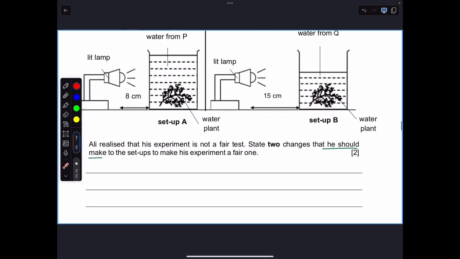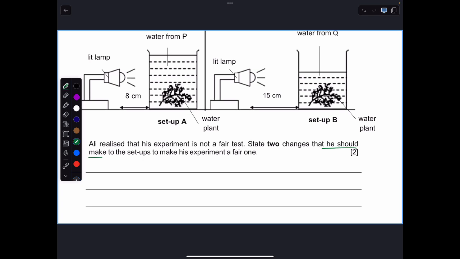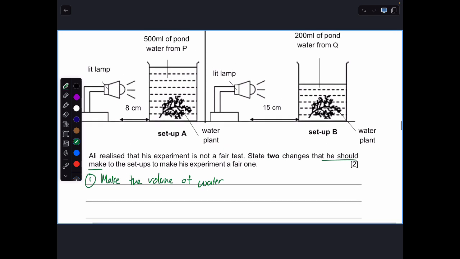So you must say, okay, 1. Make the volume of water, oh sorry, add, my apologies, to make it more clear, add 300 ml of water from Q to setup B. This will make it 500. 2.